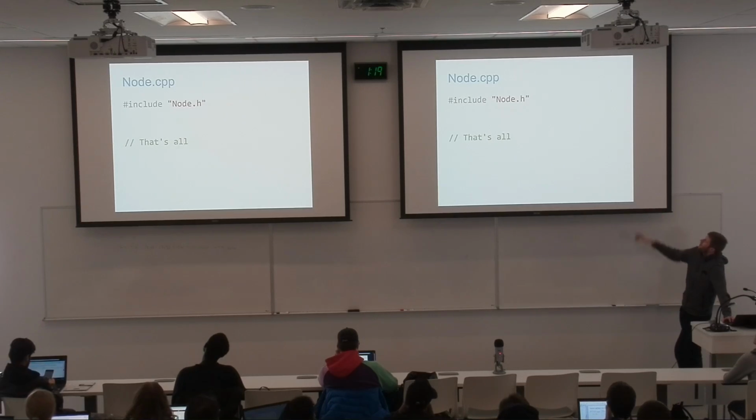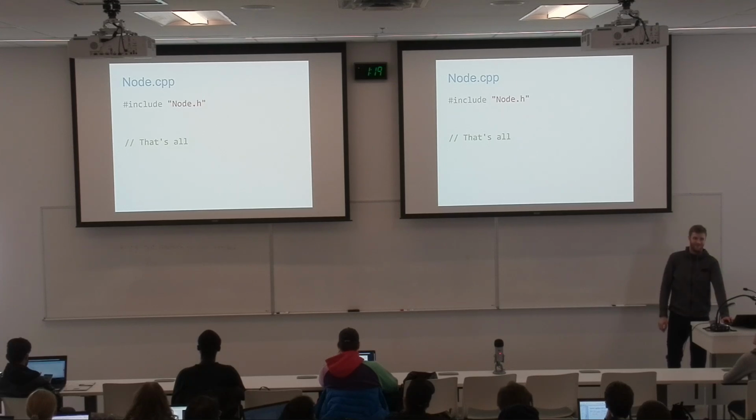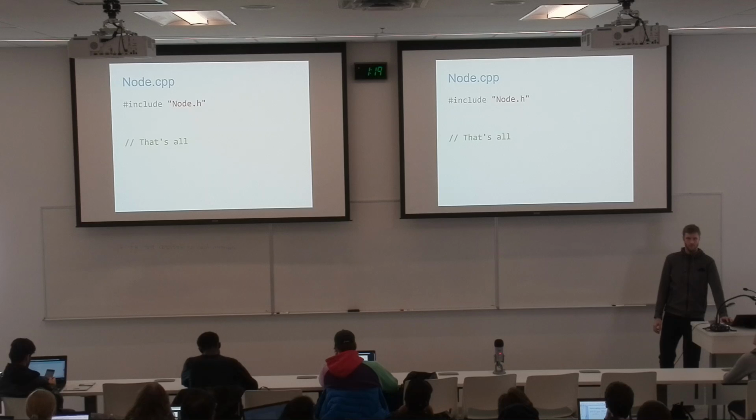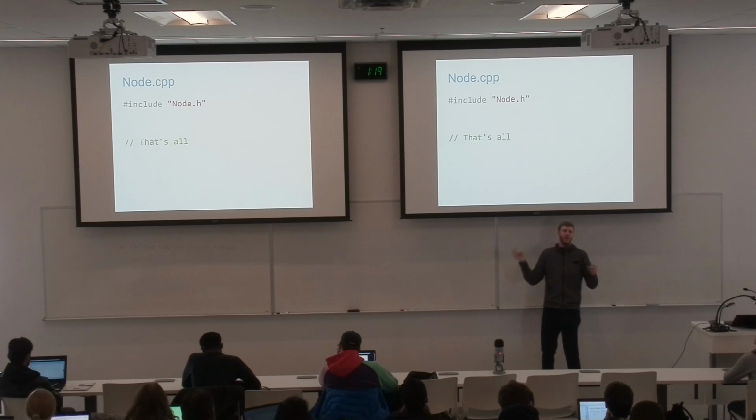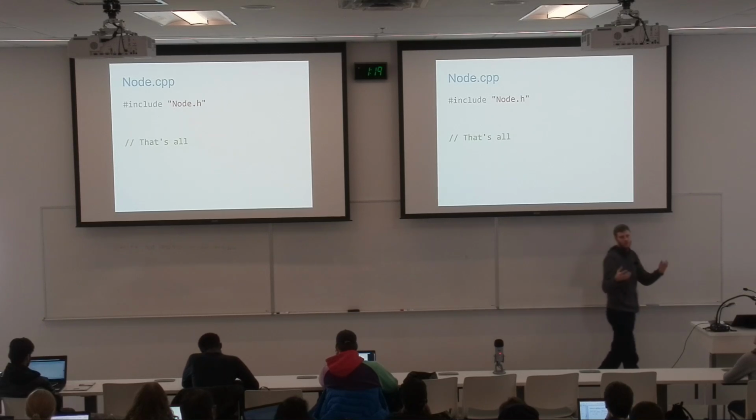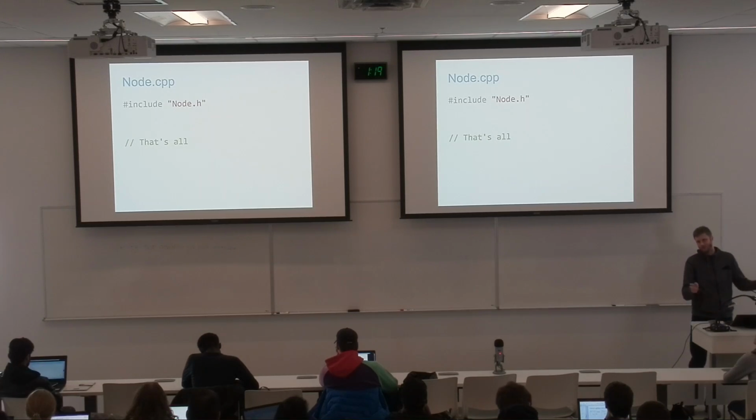It'll say include node.h, and then that's it. You don't even need that comment. You just have include node.h, and you're good to go. That's all. But when we build this program, it's going to generate the code for us. It's going to make it for whatever type we're using. It's pretty neat.